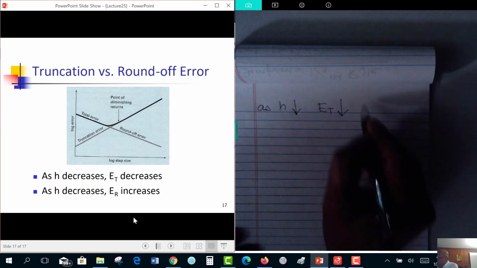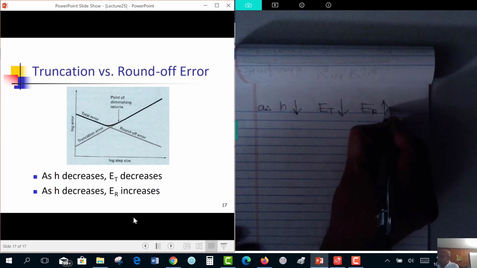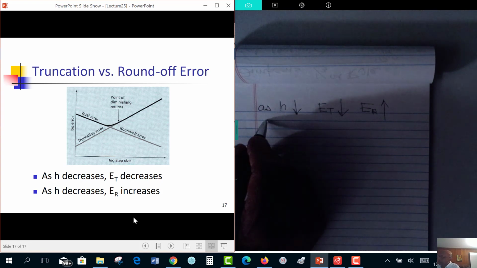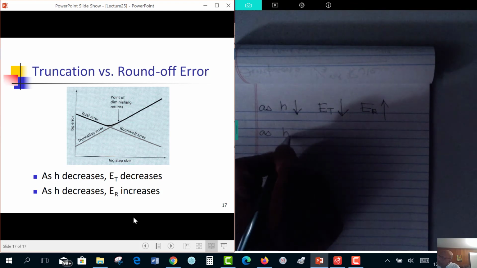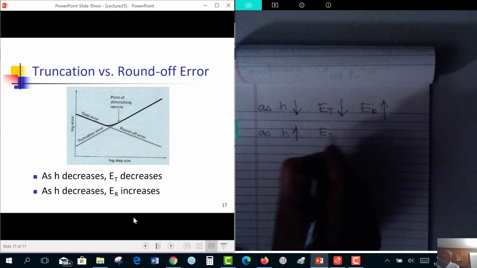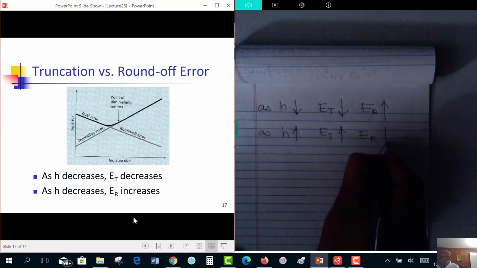And if we do many more calculations, round off error goes up. Let's write this in the reverse way. Suppose we increase h, then our truncation error would increase, but our round off error would decrease.